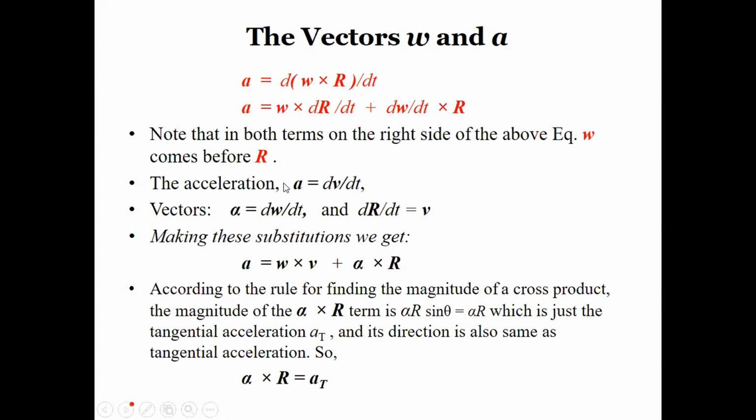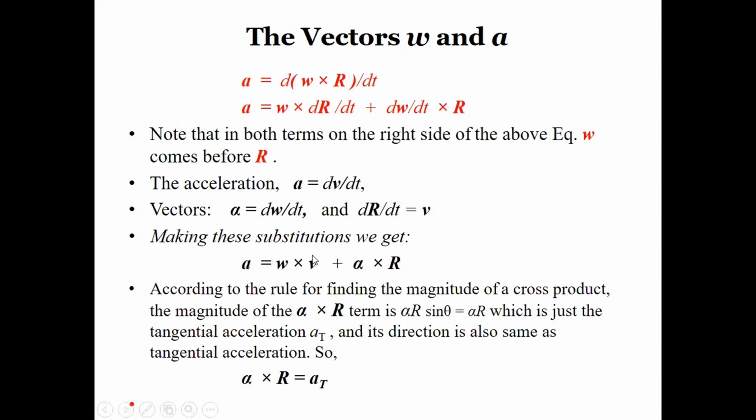Let us now find out what these things are. The acceleration a is basically the derivative of v with respect to time. The vector alpha is d omega over dt. If I take the derivative of omega with respect to time, it is the angular acceleration. And dr over dt is actually velocity.